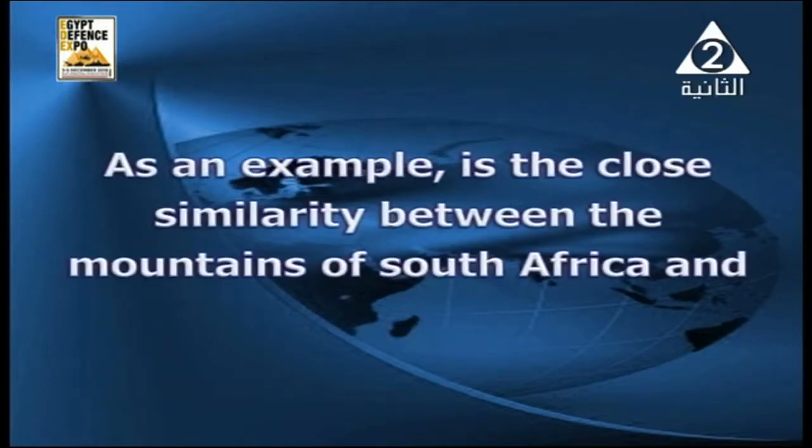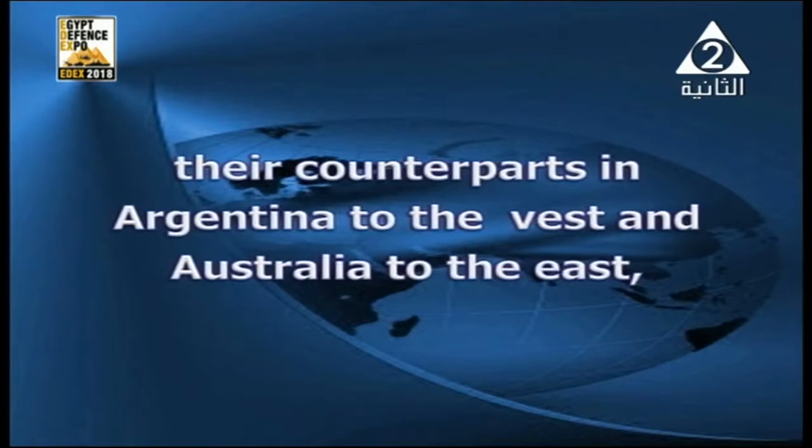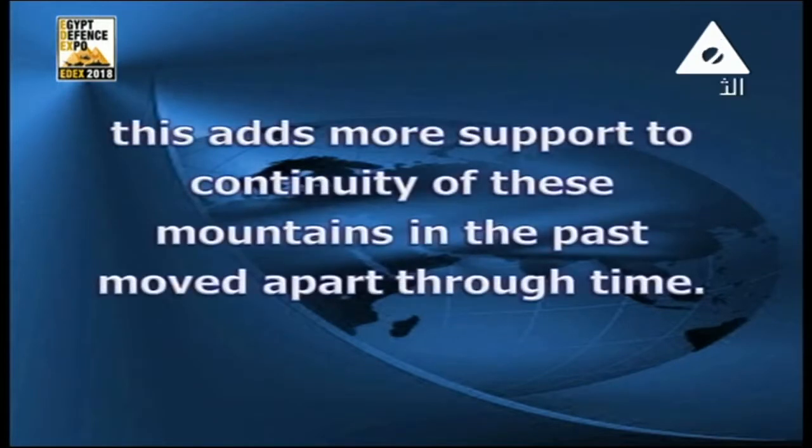As an example is the close similarity between the mountains of South Africa and their counterparts in Argentina to the west and Australia to the east. This adds more support to the continuity of these mountains in the past, which moved apart through time.